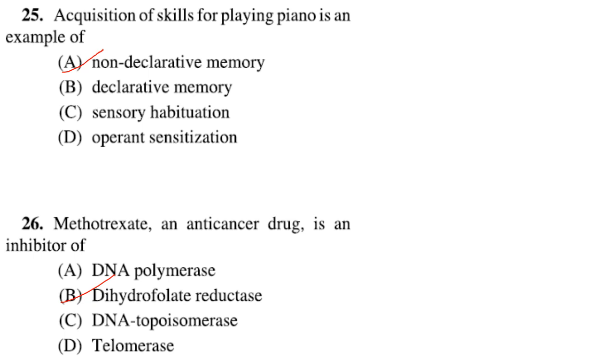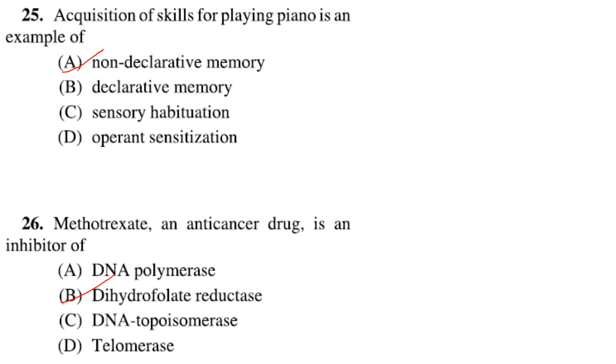Now this non-declarative memory is of two types, that is priming and procedural memory. Procedural memory is for how to do things like playing piano, playing guitar, how to ride a bike. All these come under procedural memory. So acquisition of skills for playing piano is a non-declarative memory. Answer is option A.